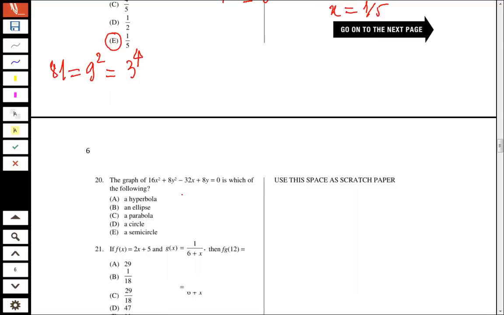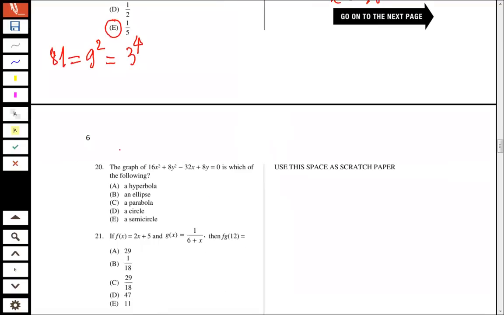Question number 20. We can say that x and y are in second power, x squared and y squared. So it cannot be a parabola.